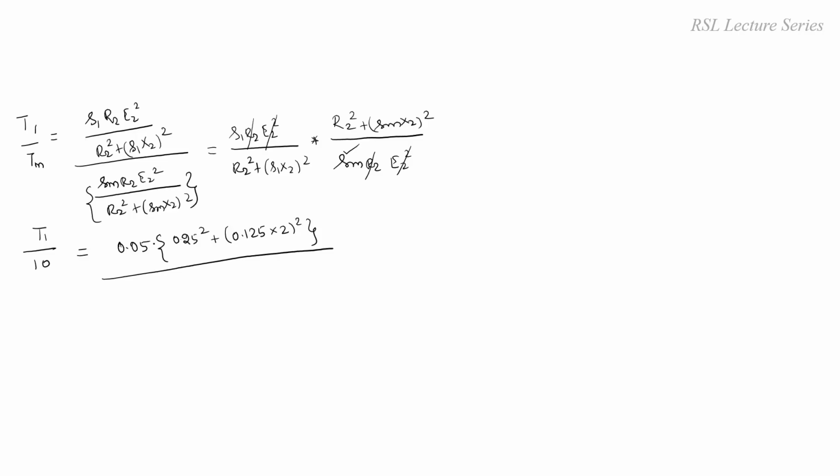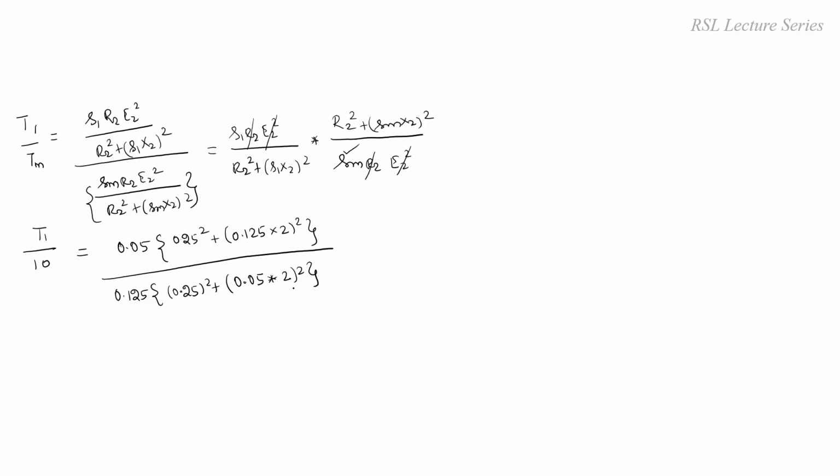In the denominator we have the Sm value, which is 0.125, multiplied by R2 square, which is again 0.25 square, plus S1 into X2 whole square. S1 is given as 0.05 into X2 which is 2, whole square.